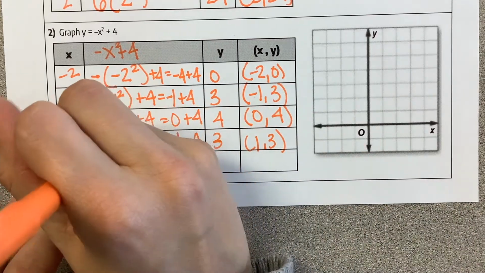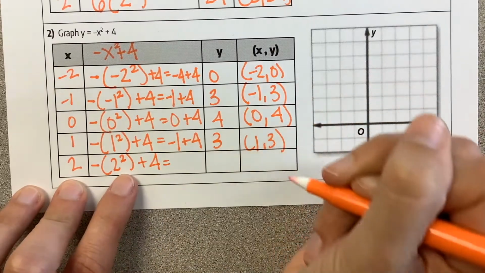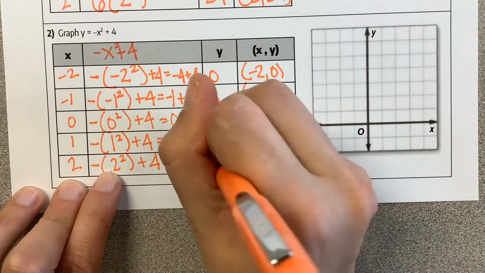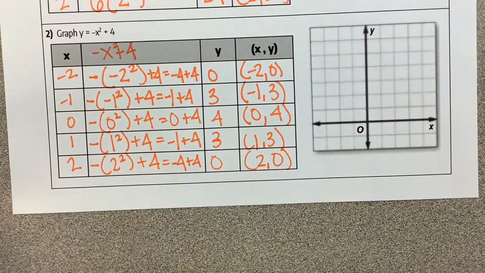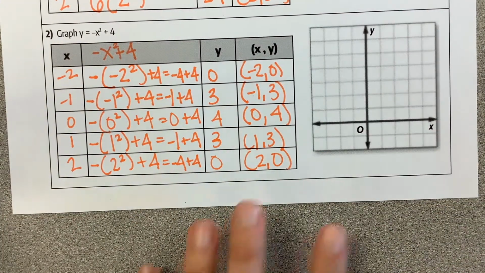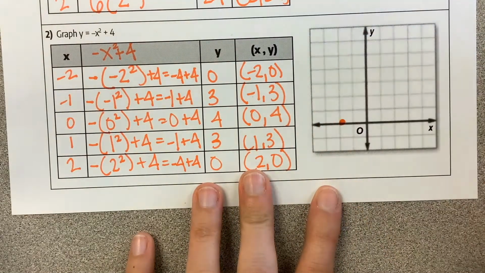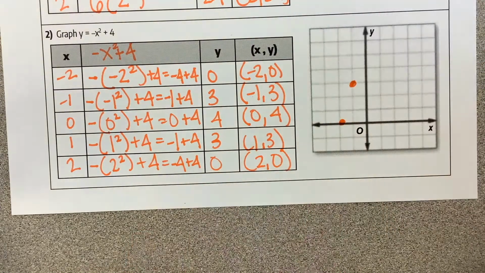I'm plugging in 2. -2 squared plus 4. 2 squared is 4. Apply the negative, so -4 plus 4 is 0. So 2, 0. Let's go ahead and plot. So we've got -2, 0. We've got -1, 3.